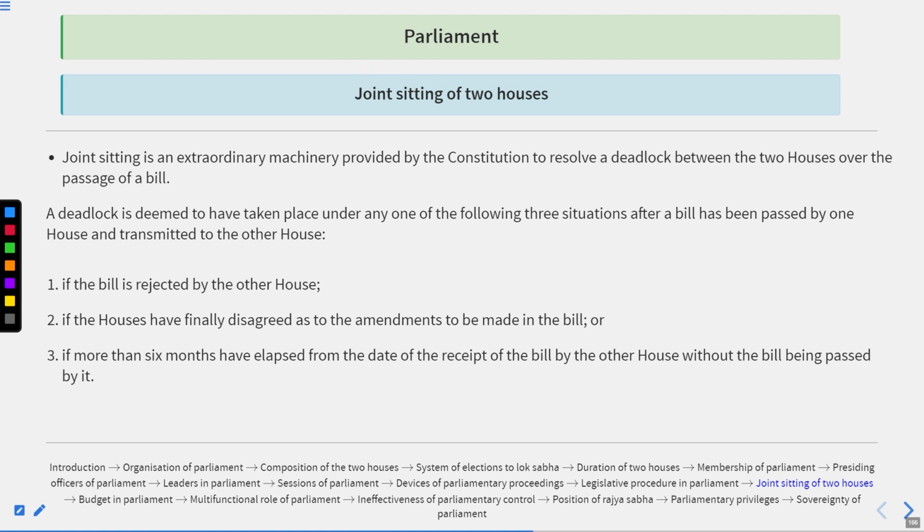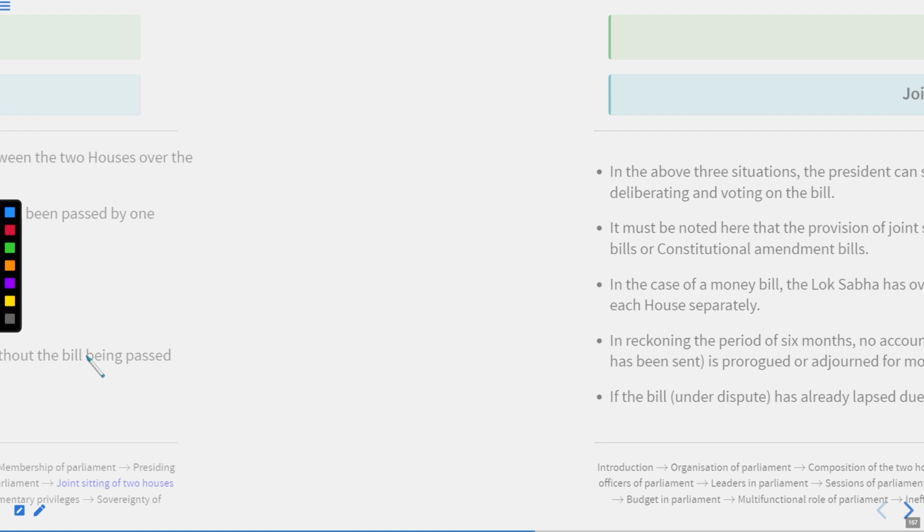We saw that there are three conditions on which the joint sitting could be called by the president and presided over by the speaker of the Lok Sabha. The first is if the bill is rejected by the other house. Second, if the houses have finally disagreed to the amendments. And third, if it has been more than 6 months since the second house got the bill but did not respond to it. These are the three conditions.